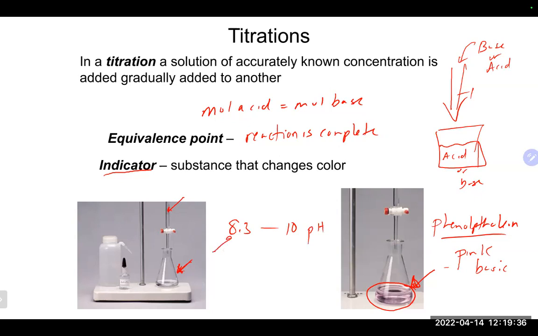Around 8.3 it's still colorless, and then it becomes pink, and various shades of super dark pink as you go higher. Perhaps when you did your titrations in Chem 50, they told you that you need to stop at the lightest pink you could see, like you had to hold it up to something white to see the pink, right?